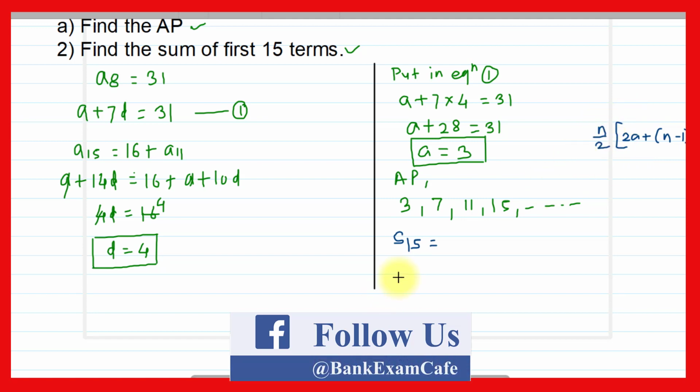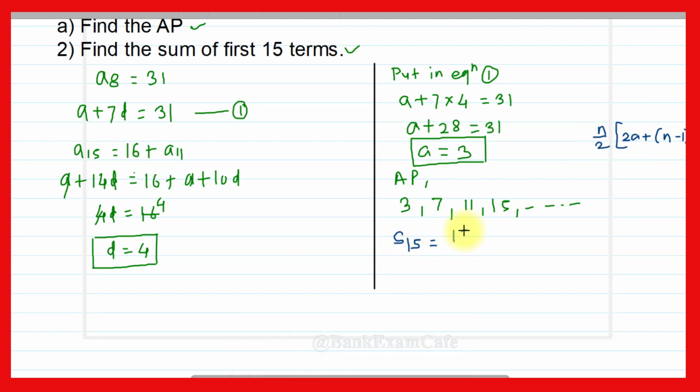So here N by 2, N is 15, so it will be 15 by 2 into bracket twice of A. A is 3, so twice of A, 2 into 3, will be 6, plus N minus 1, that is 15 minus 1, so 14, multiplied by the common difference, which is 4.